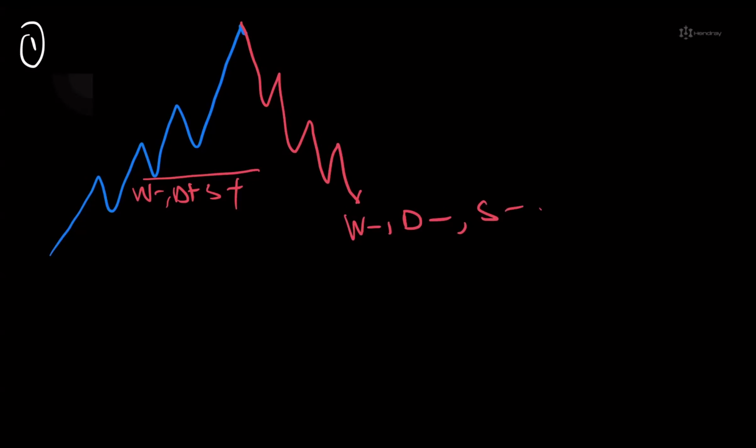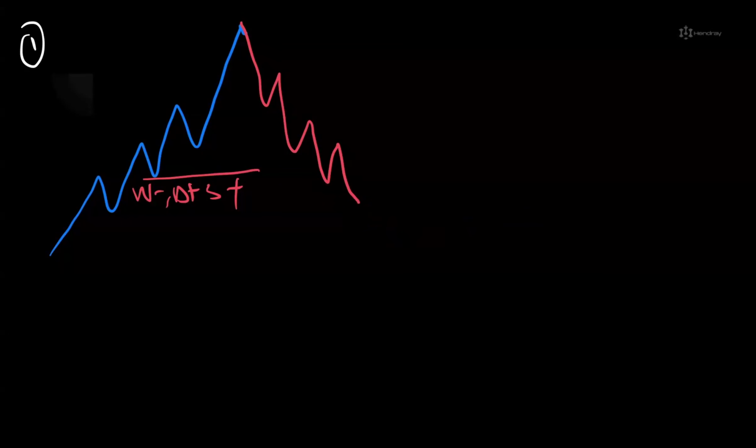Sorry, that will not be correct. I want to erase something. All right, so this is the line. This is the low that is being raided by this aggressor. So let's say this aggressor is W minus, D minus, S plus.